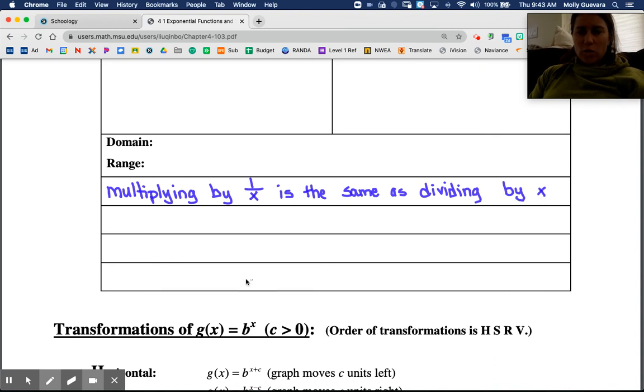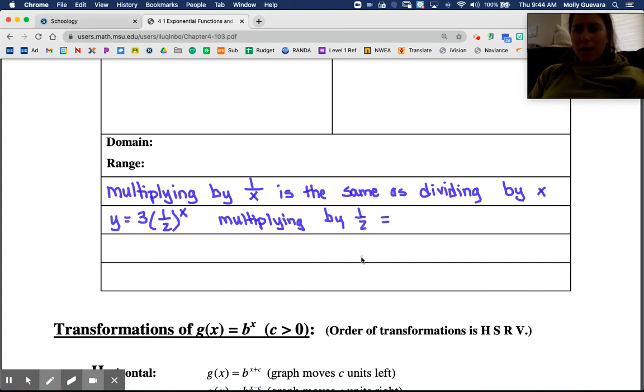Let me show you what I mean. If I have the equation y is equal to 3 times (1/2)^x, that tells me that I am multiplying by 1/2 every time, so multiplying by 0.5, or multiplying by 1/2.